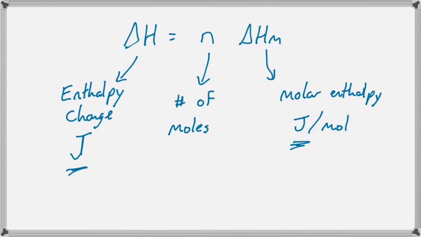So let's try the example problem here. If the molar enthalpy of combustion is negative, remember that negative just means exothermic, 2043.9 kilojoules per mole, then determine the enthalpy change of 10 grams of propane burning in a camp stove.